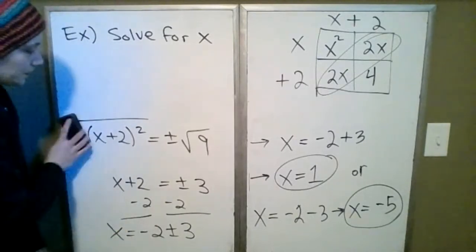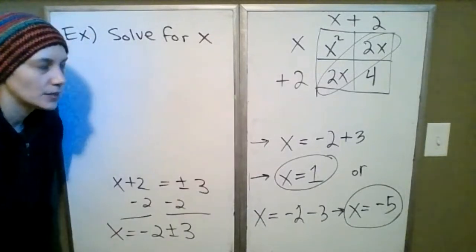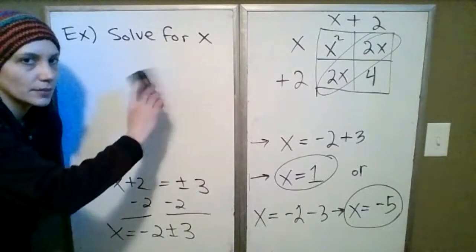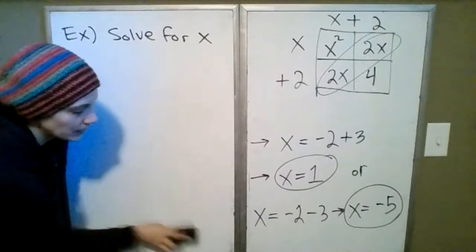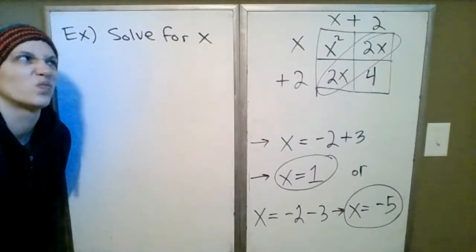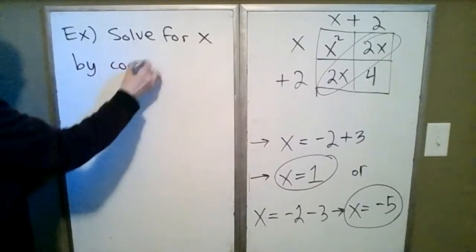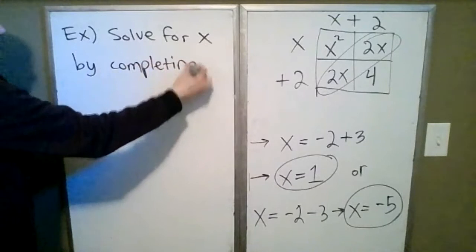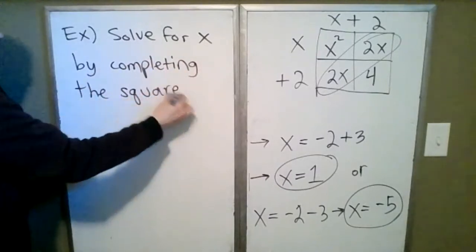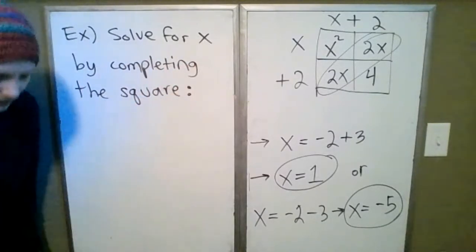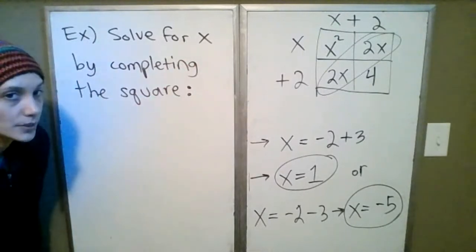But unless otherwise told, you could get your solutions with the quadratic formula or something like that. Okay, we have x squared minus 2x minus 2 equal to 0.